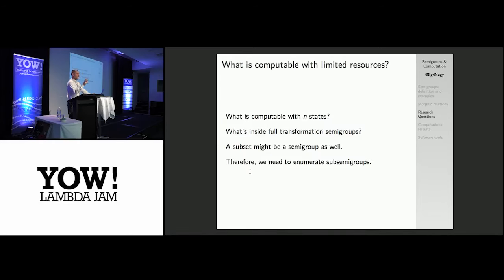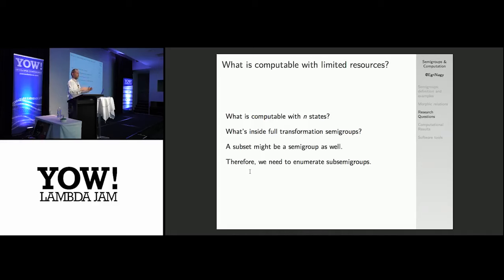So, okay, I have questions that are very familiar to you, but I'm sort of asking them on the very low level, on the particle physics level. So it's: what is computable with limited resources? It's a practical everyday question. I can make it a bit more precise mathematically, and ask what is computable with n states. Now we know the language.